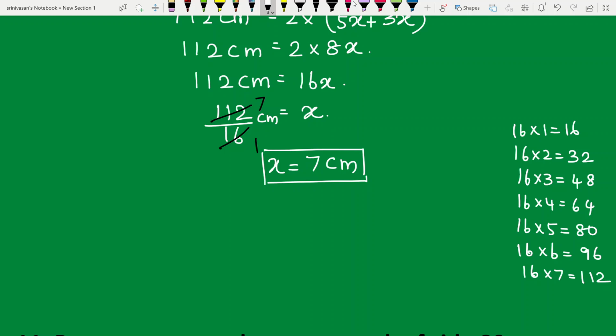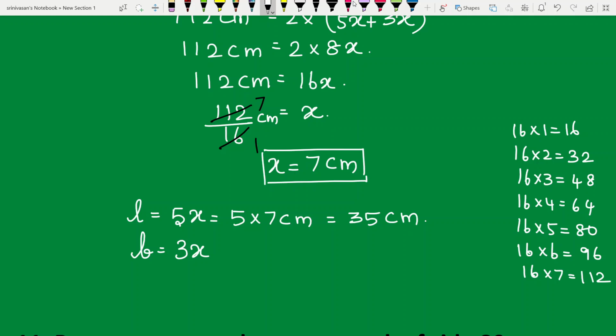And in the beginning of the question we have taken length equal 5 into x. That is 5 into 7 centimeter. 5 sevens are 35. 35 centimeter. And breadth we have taken as 3x.